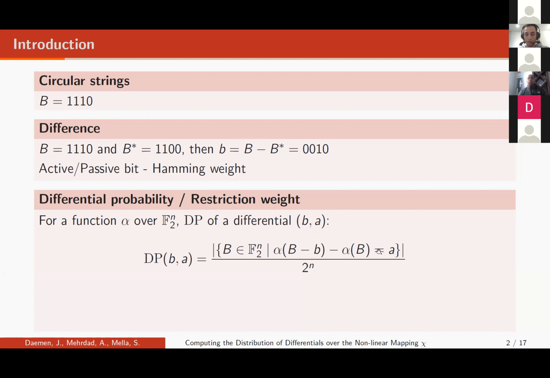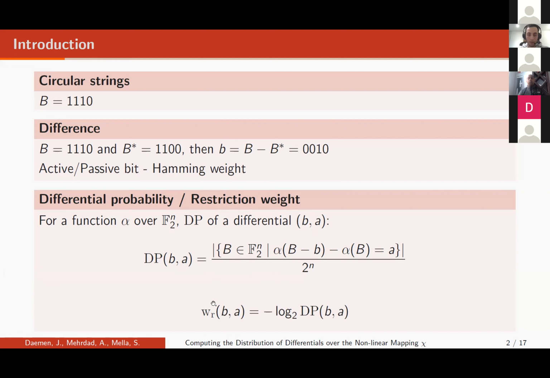We count the number of these strings b and divide it by the total number of strings in F2 to the n. And this gives us the differential probability of this differential.